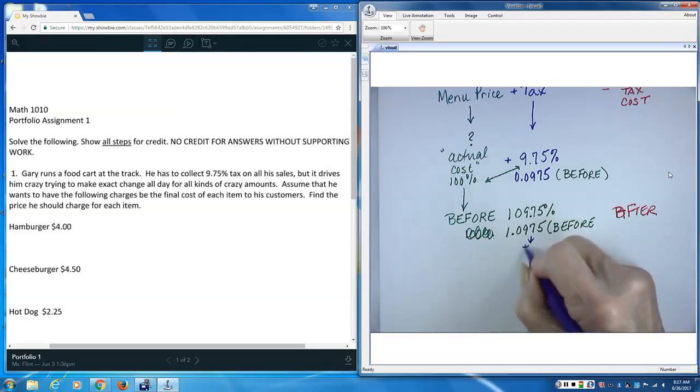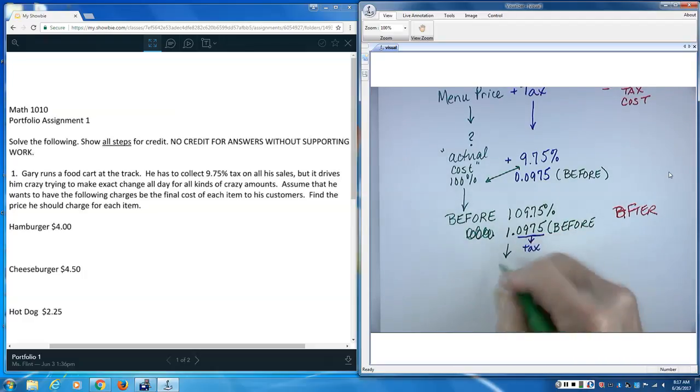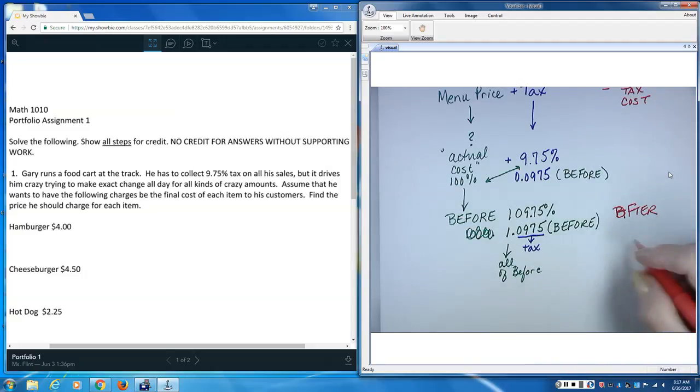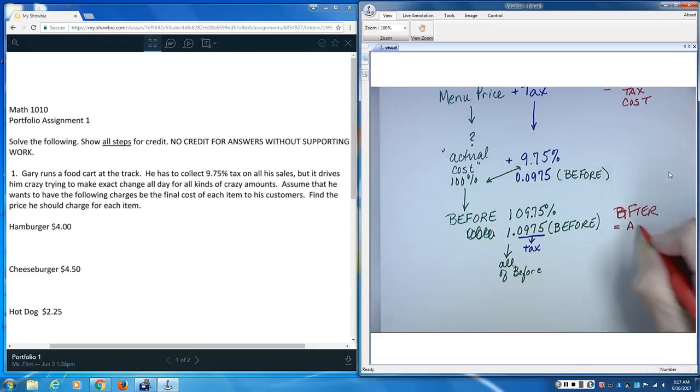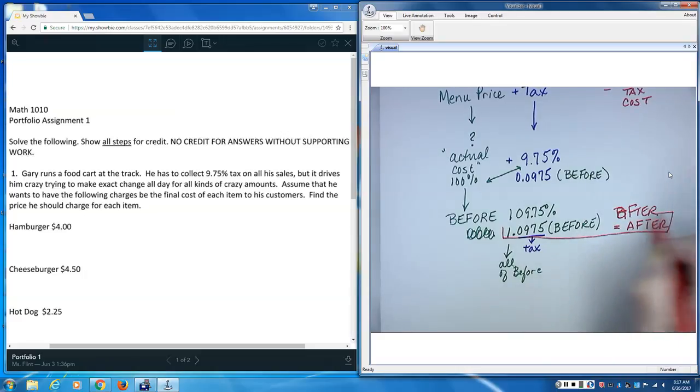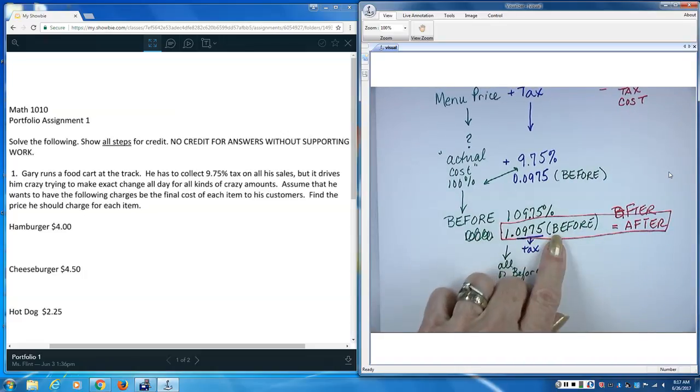This comes from the tax. This is because you're paying 100% of what the before was. And in this case, we've got the after. This is added because the actual final price went up. So you add to 100%.